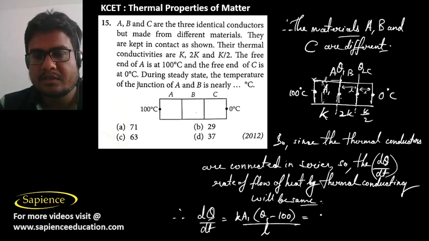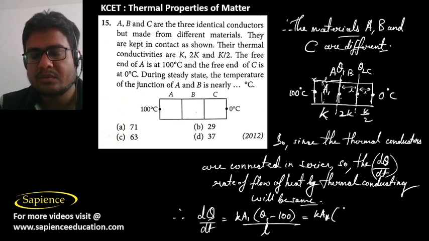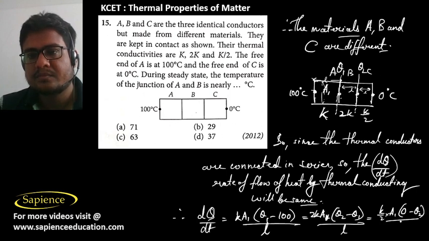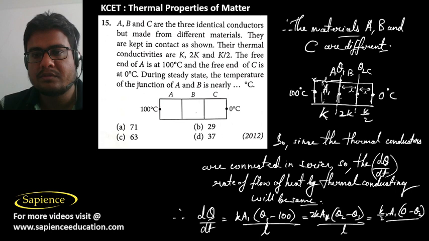So this will be K A1 into theta 2 minus theta 1 by L. Now this is 2K actually, and this will be K by 2 into A1 into 0 minus theta 2 divided by L. Sorry, the first will be theta 1 minus 100.